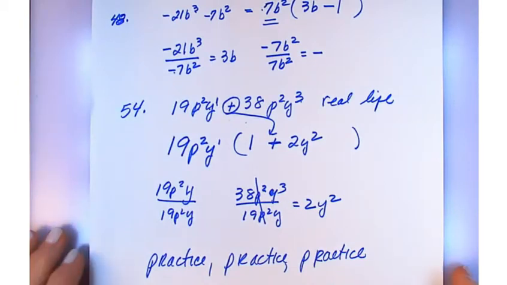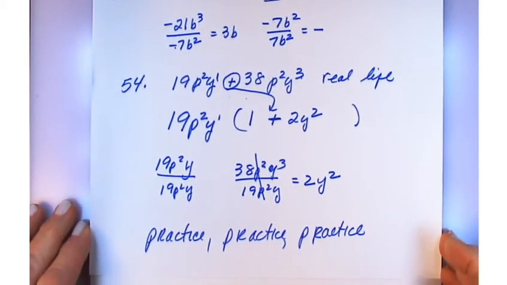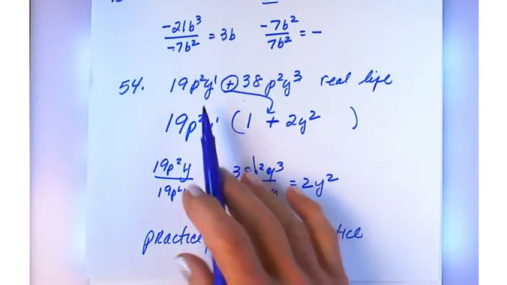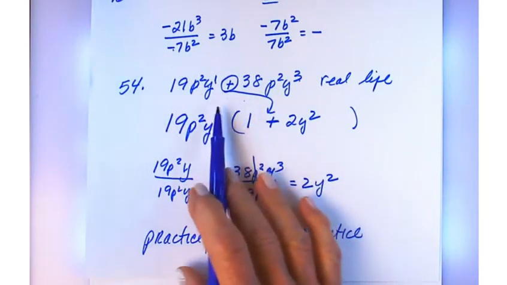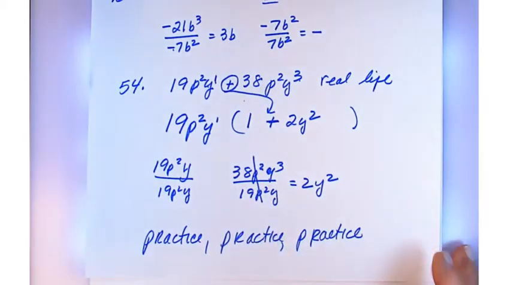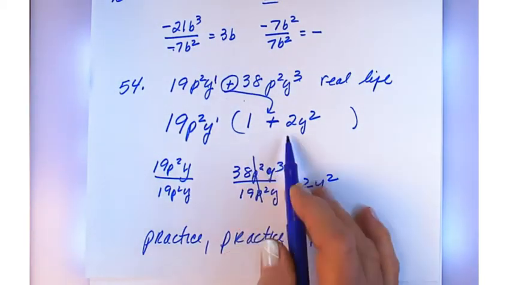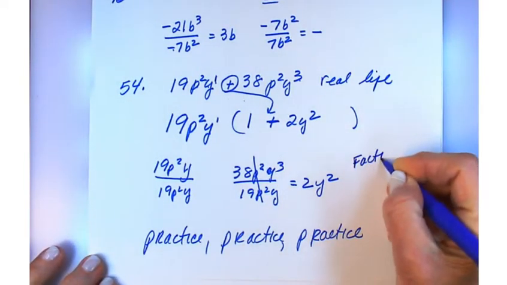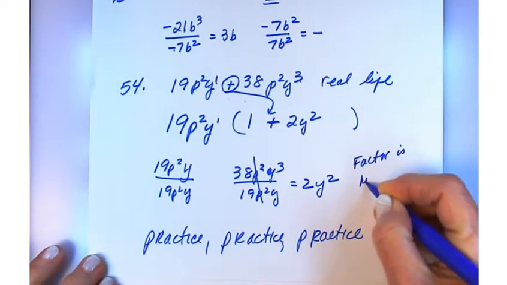And nobody does. So let's look, and I said to notice here, we had to find our GCF. 19 goes into 38. I divided, and this was my factor. So factoring is huge in all math.